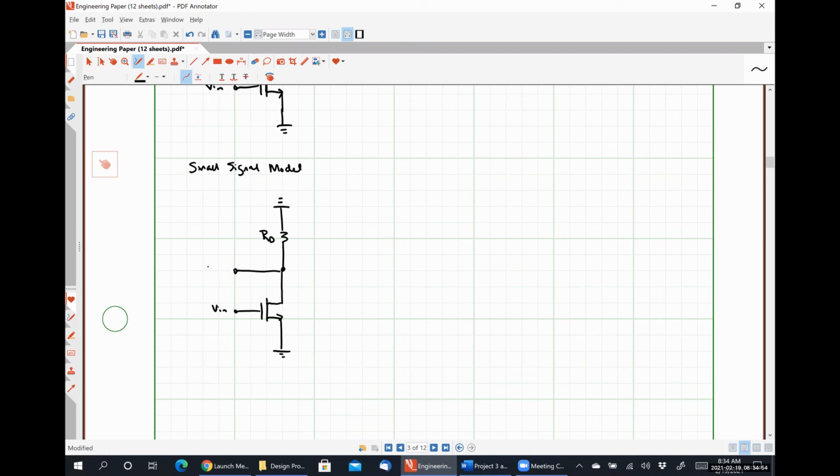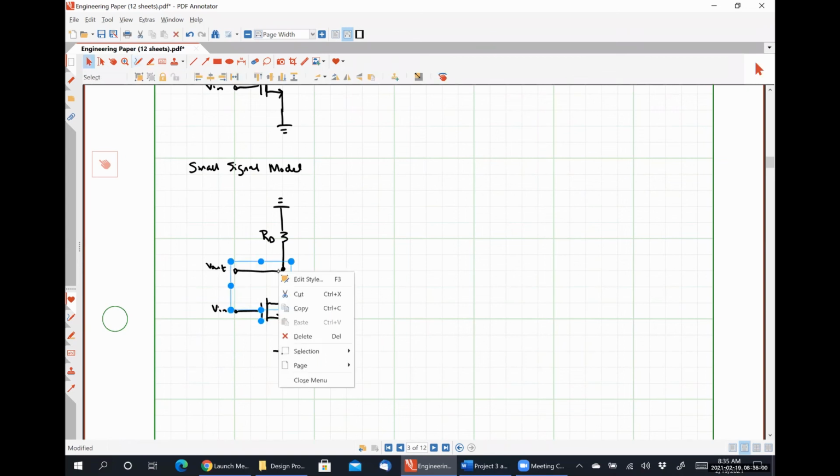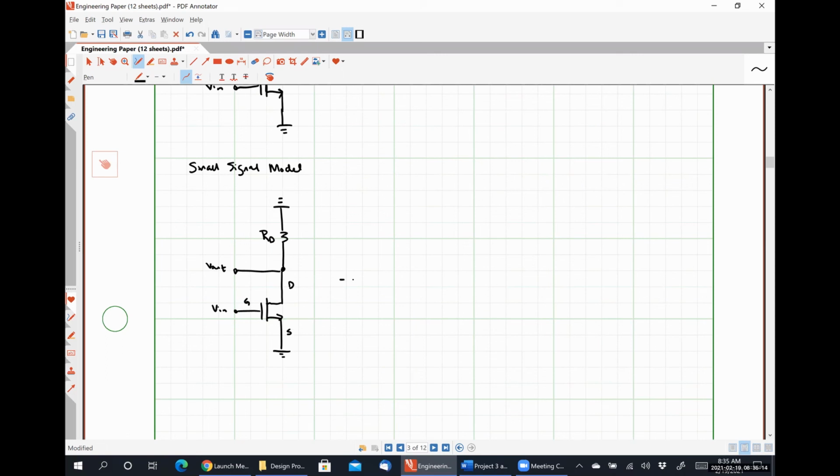And here's where my AC output voltage is set. Still the drain terminal, I've just moved it over to the left-hand side purely for space saving purposes. I'm going to label all of my terminals. So this is my drain, this is my source, and this is my gate. And so now, applying the small signal model, I have something that looks like this.